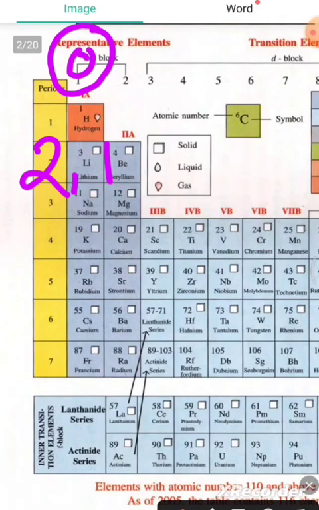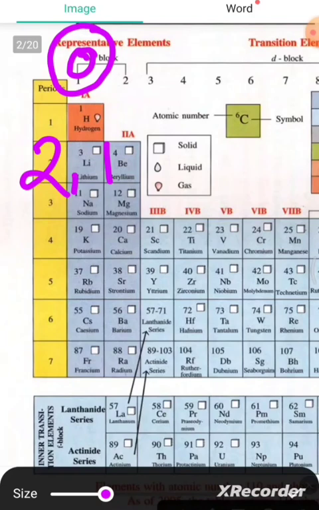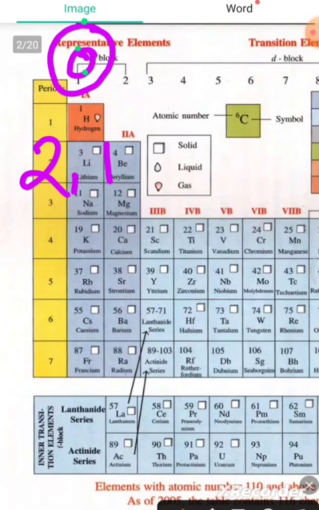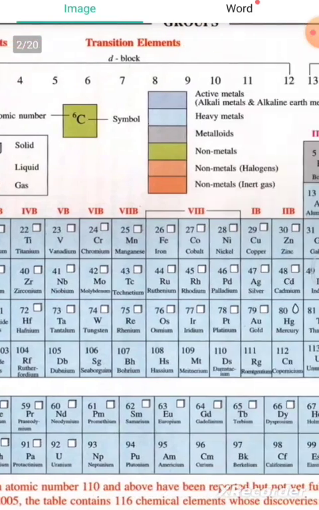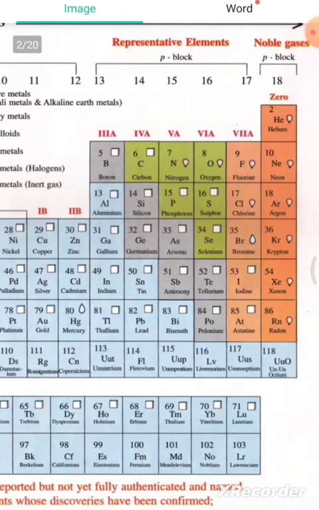In the first cell there will be 2 electrons, and in the second cell there will be 1 electron. Now let us see beryllium. Beryllium electronic configuration 2, 2. Here also 2 cells.